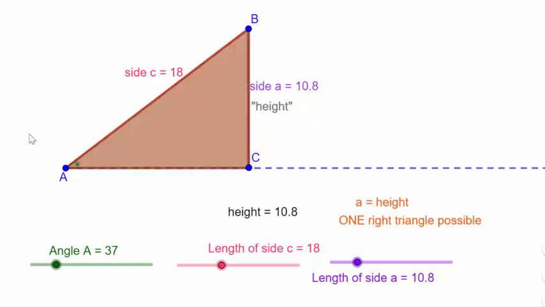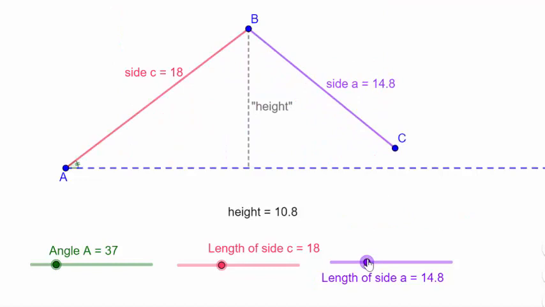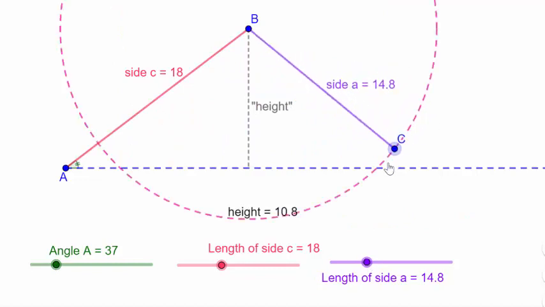Well, in this case, if the side opposite our known angle is equal to the height amount, there's one triangle possible, and that triangle ends up being a right triangle. In other words, that length was just right. As we swing point C along all possible locations with a distance of 10.8 away, there's only one place it can hit the ray in blue.